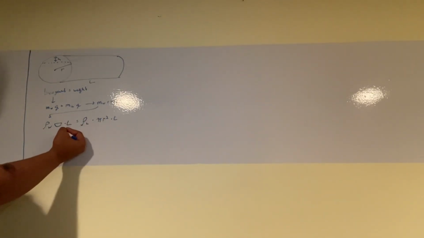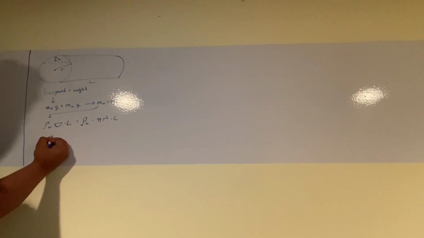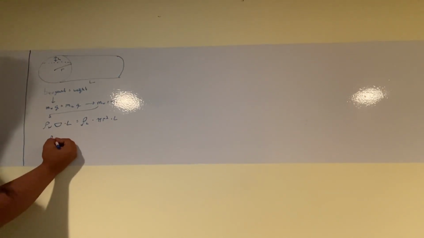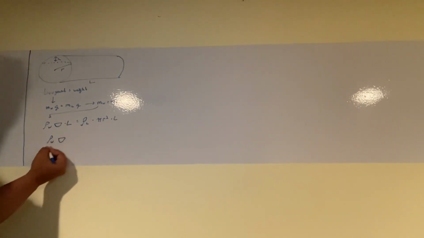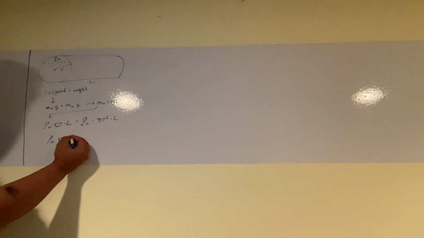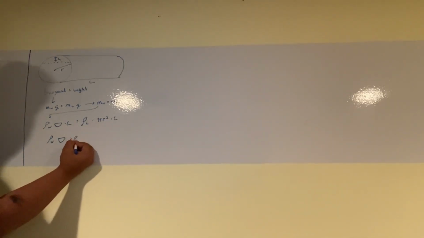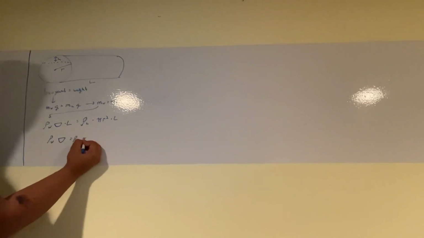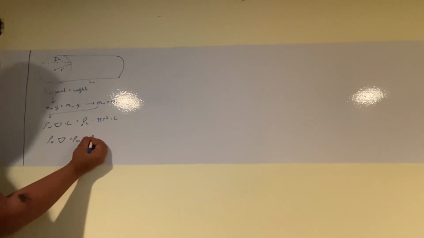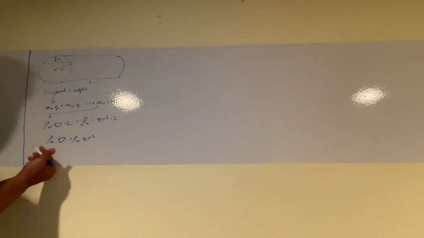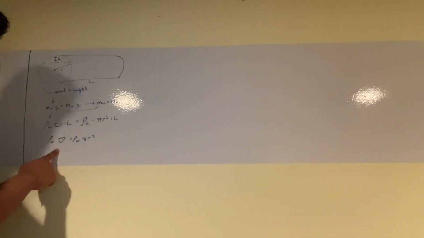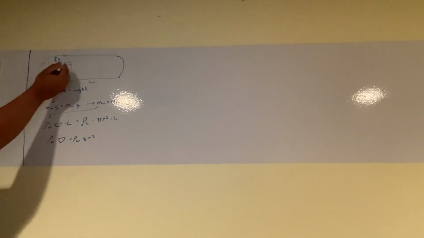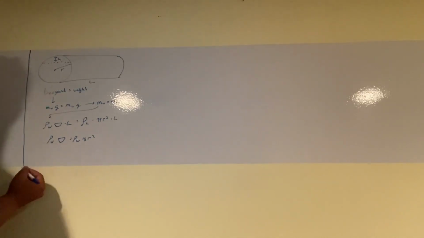So the L's can just cancel out, and we get rho W times the cross-section area of the water is equal to rho L pi r squared. So now we're going to try and solve for this cross-sectional area right here.